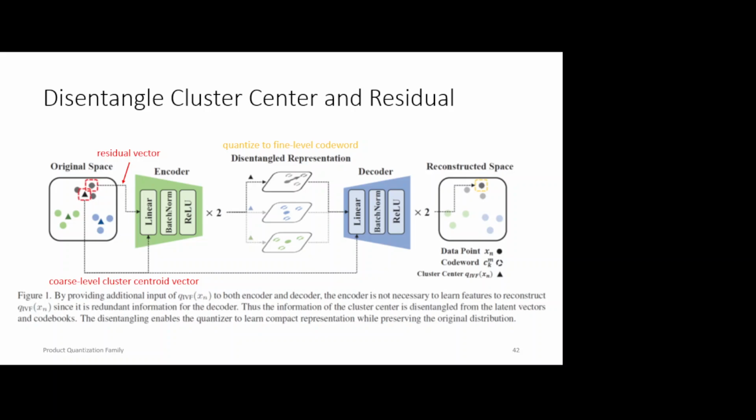It makes your deep learning module focus on the residual space, not a large original space. The residual space is usually more compact, and usually follows the Gaussian distribution. So intuitively, your deep learning network can learn better in the residual space. So that is the general concept of the idea.